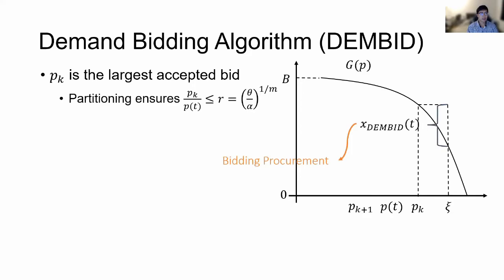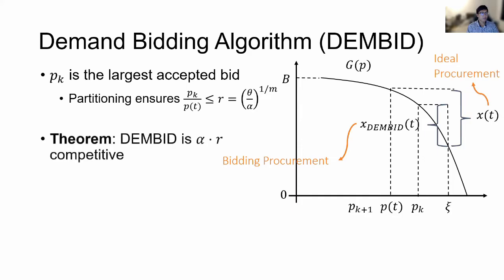This is important because P sub k essentially dictates how much of the asset is procured by dembid. Here, for example, we show some reservation price Xi, and this is the amount procured by dembid using the largest accepted bid, P sub k. And for comparison, this is how much would be procured if the true clearing price P of t was known.